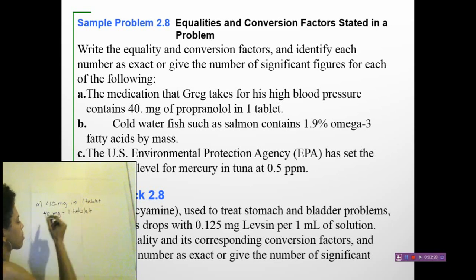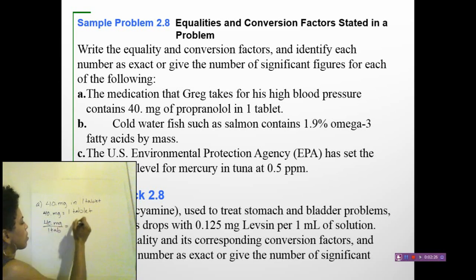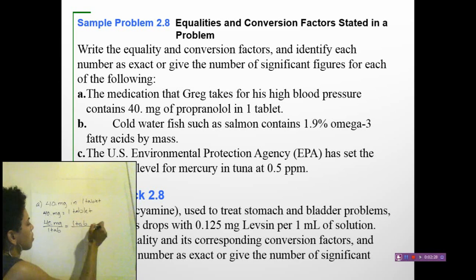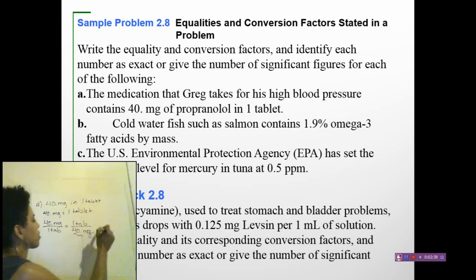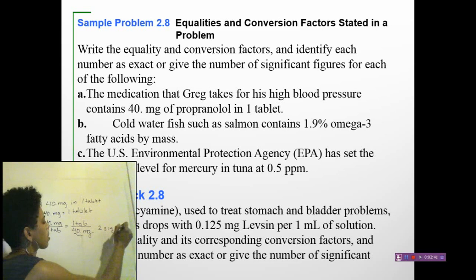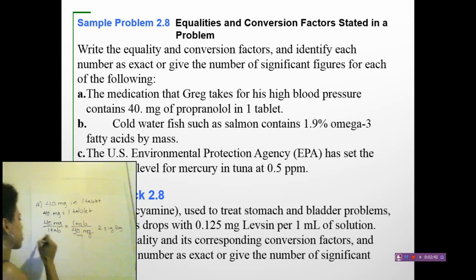And then it also says to write the conversion factors. The question also asks us to write the number of significant figures. So we have 2 sig figs for this problem.